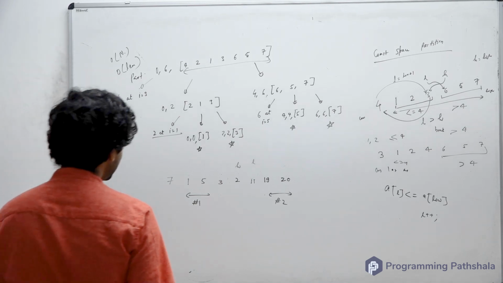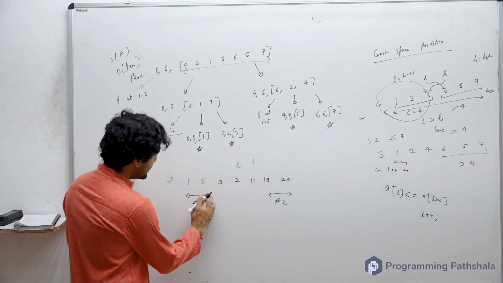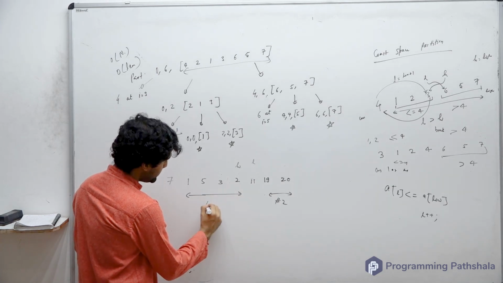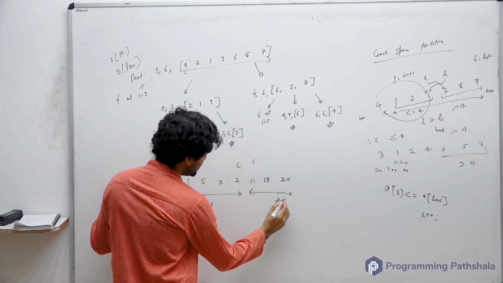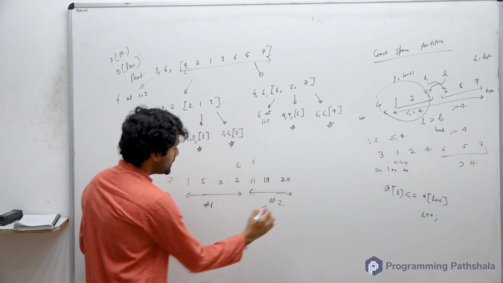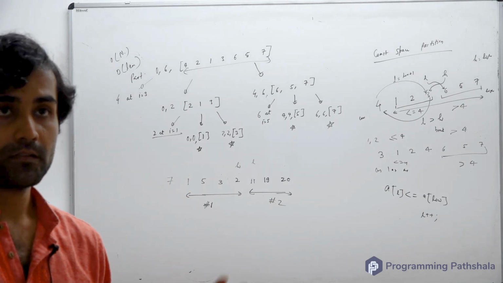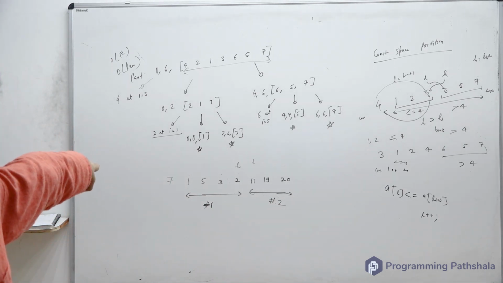Okay, so now it has broken. So now what would you want to do? Now you can clearly see that everything from here till this H is in category 1, and everything from low till the end is in category 2. What will be your last step? Now you would swap H with the first element.